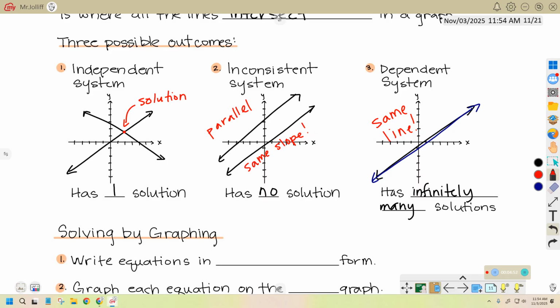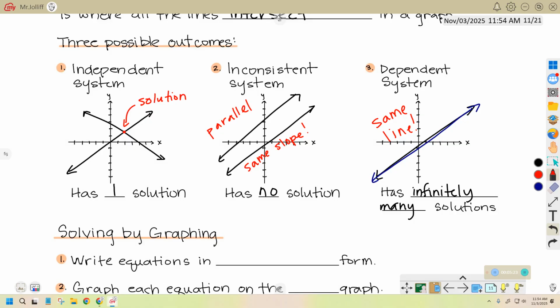You will notice that there's some new vocab words above those graphs. If a system of two linear equations has one solution, we say that they are independent. Meaning the behavior of y for the first line has nothing to do with the behavior of y of the second line. Different tilts, different systems.